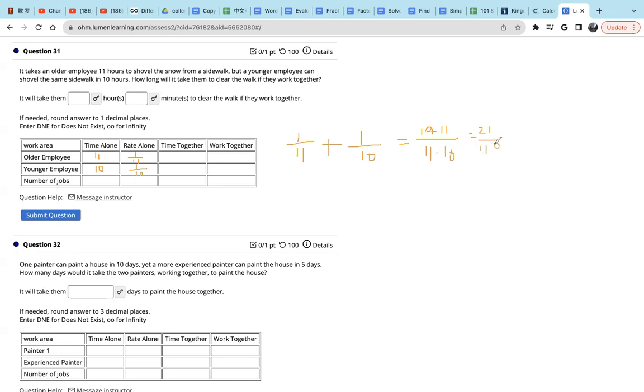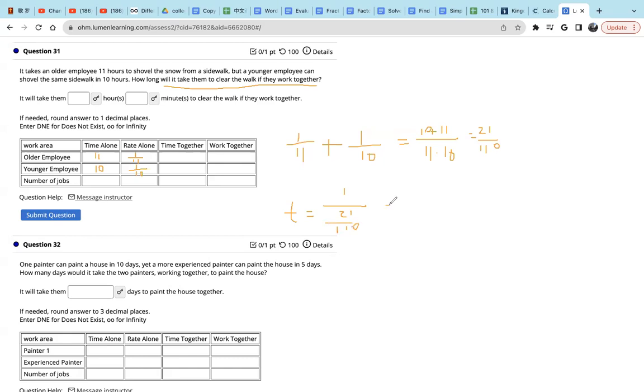So when they work together, that speed is this. Now the question is asking how long will it take them to clear the walk if they work together. So we're looking for the time. Time T equals work done divided by the speed, which is 21 over 110.